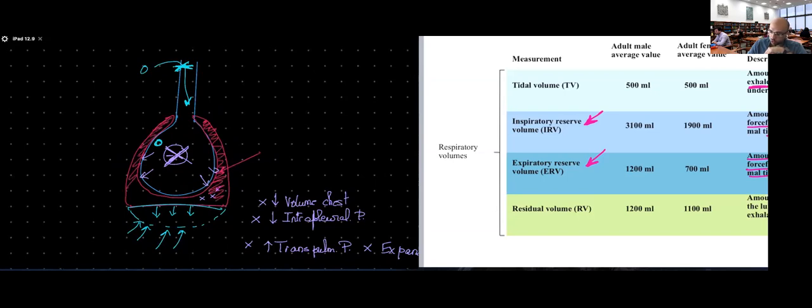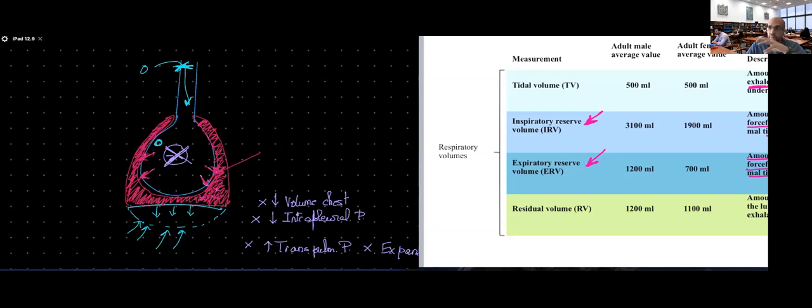This negative pressure is always pulling the lungs out and keeps them at least partially inflated.